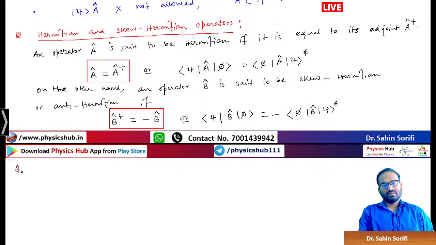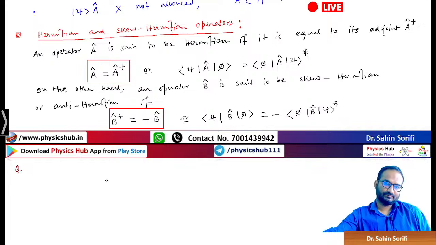Let us take a problem. I am giving a problem: discuss the hermiticity of the operators, whether they are Hermitian or skew-Hermitian.